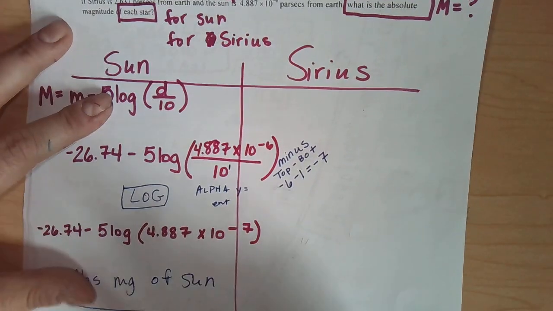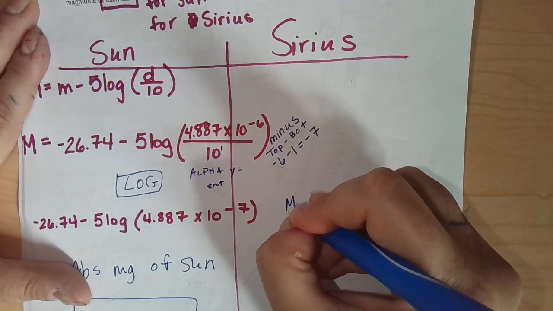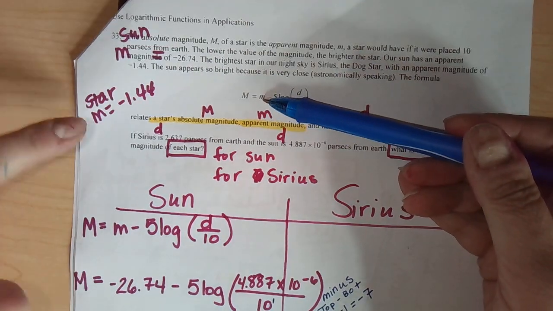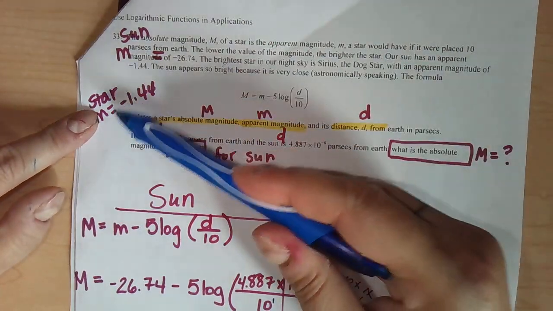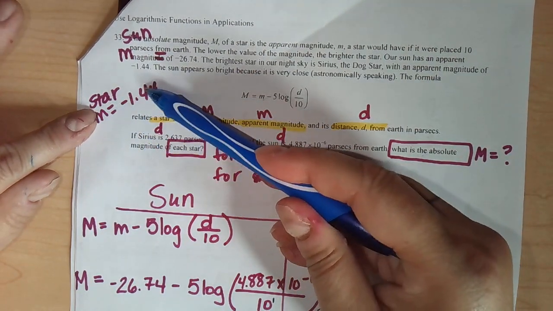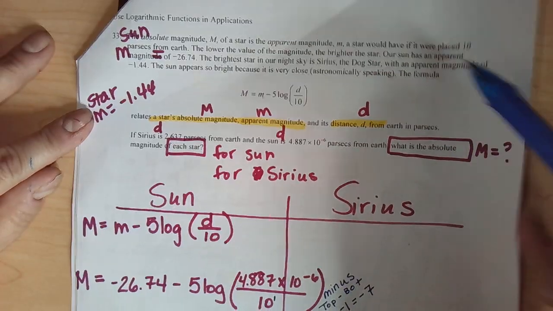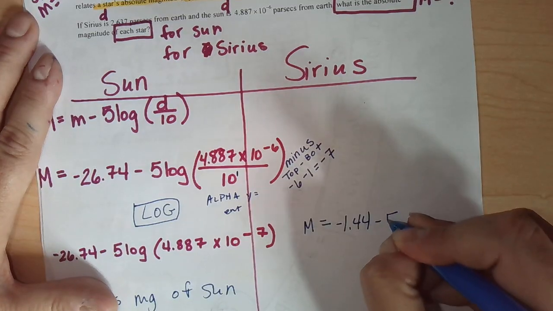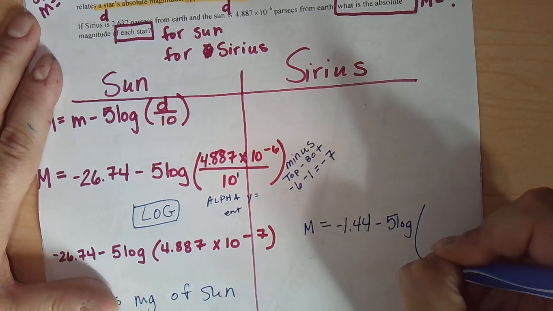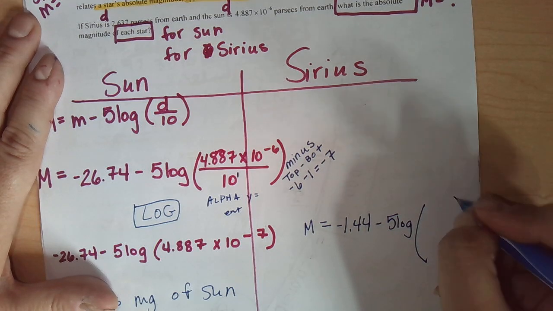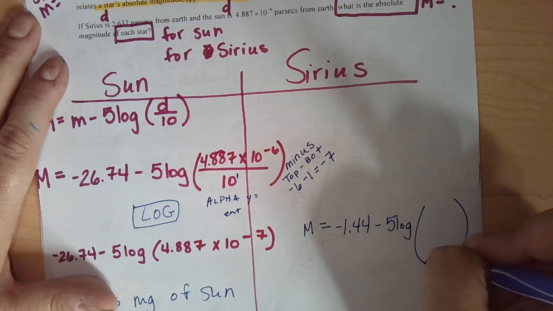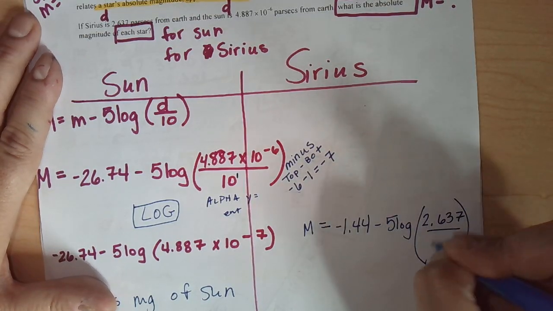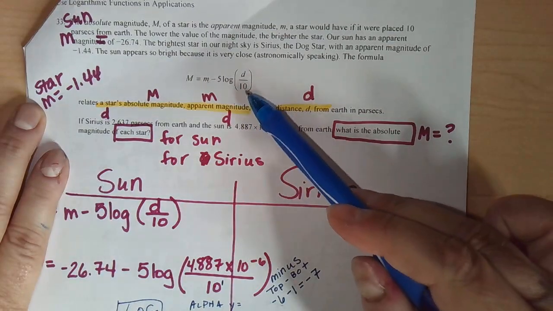Okay, now let's do the same thing but with Sirius. So we're going to have M equals Sirius's little m, which was right here, negative 1.44, because it says Sirius, the dog star, apparent magnitude. So negative 1.44 minus 5 log. And then Sirius is 2.637 over, and then we divide it by 10 still.